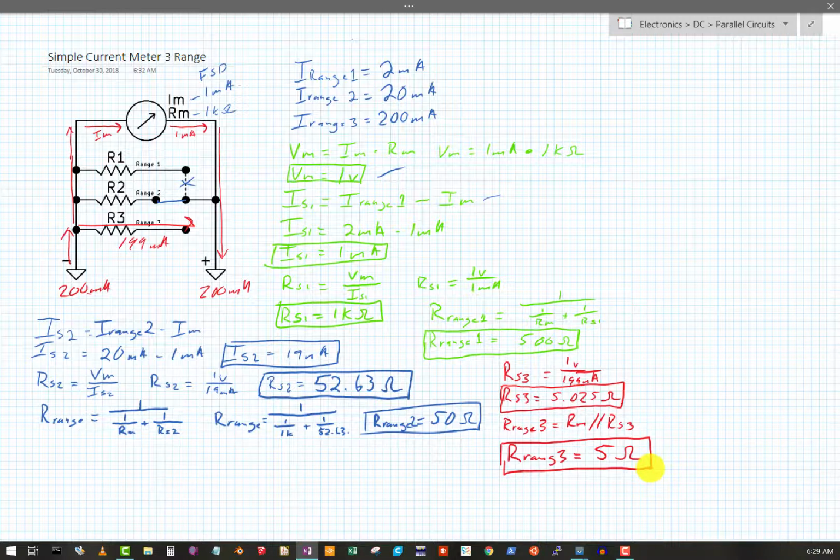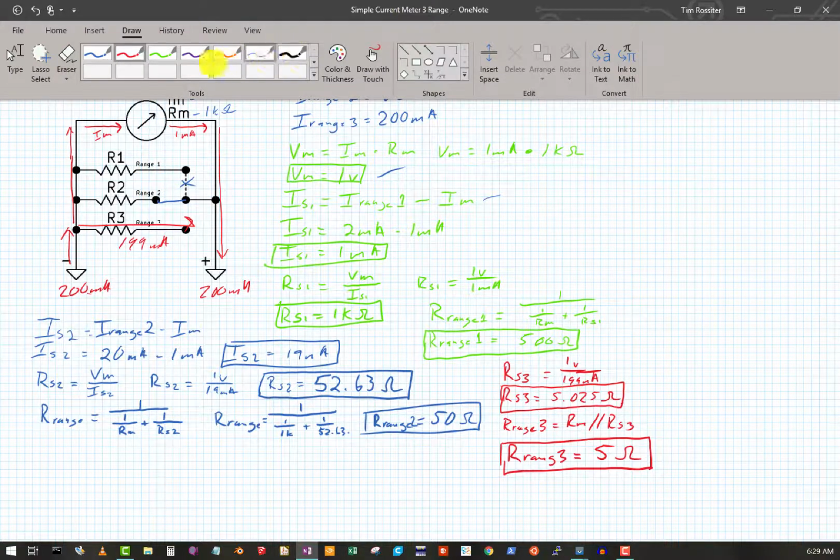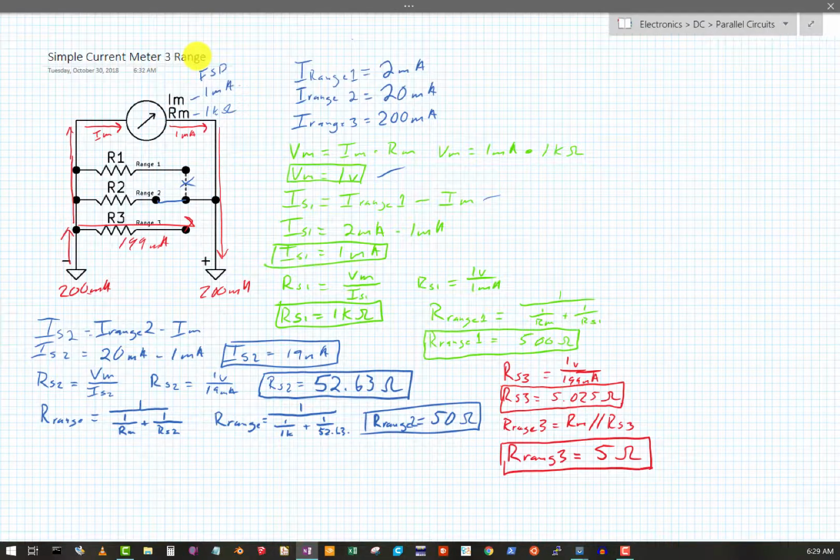Now I can measure with my ohm meter. If I had my ohm meter here, whichever range I have selected, I can put my ohm meter right on the input leads of my designed simple meter, and I should be able to measure fairly accurately the range resistance.